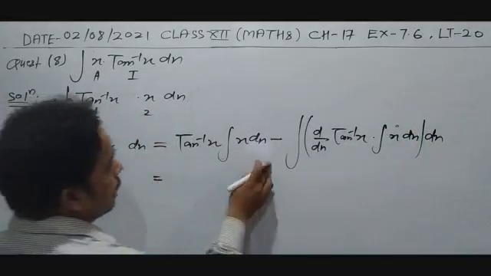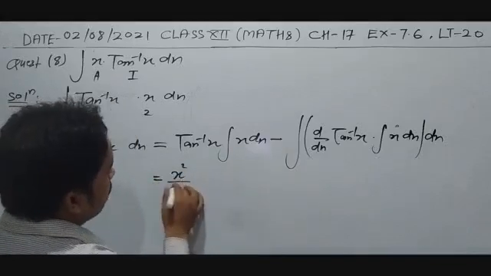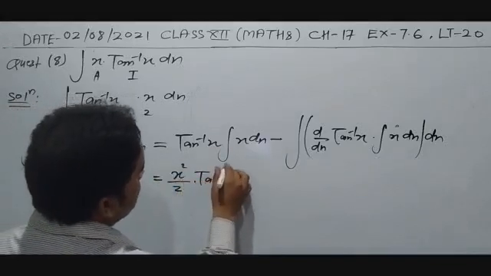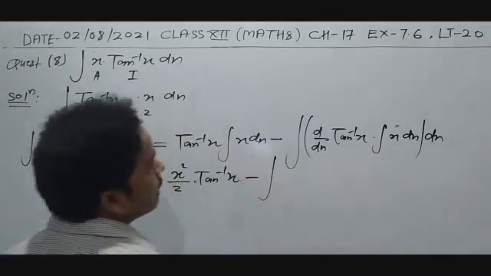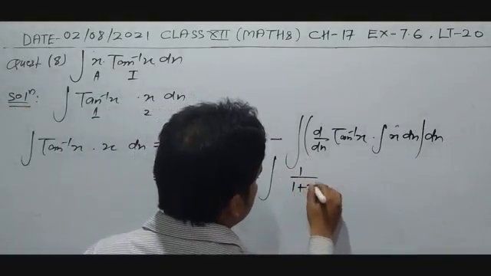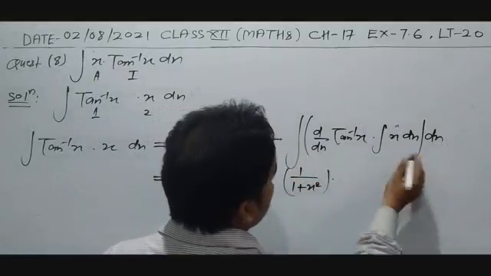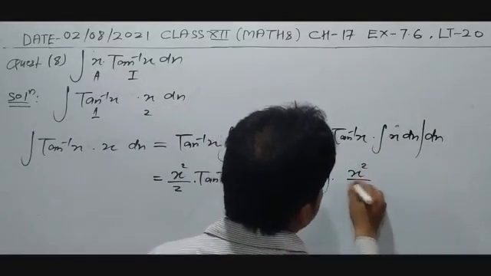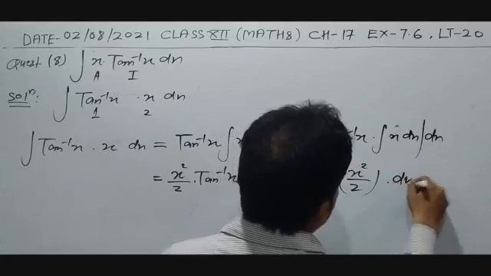The integration of x dx, you know, is x square by 2, so copy tan inverse x, minus integration of the differentiation of tan inverse x, you know, 1 upon 1 plus x square, times x square by 2, now whole dx.